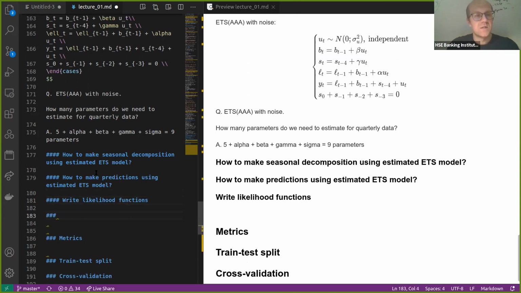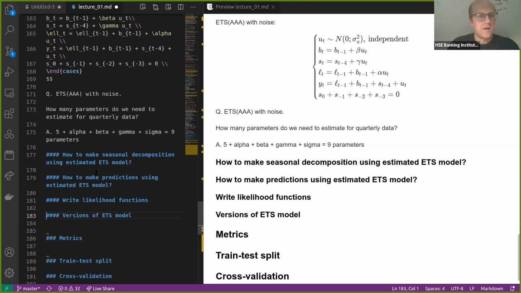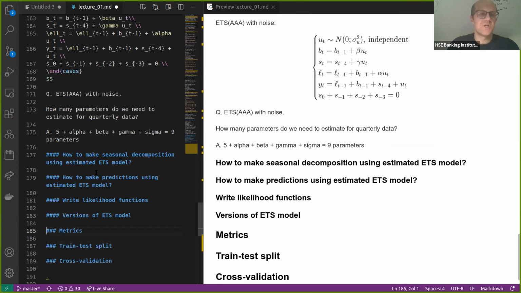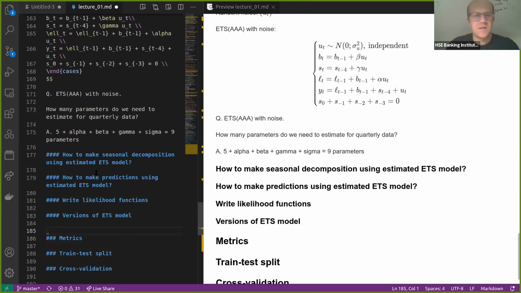We need to discuss versions of the ETS model, and then some general forecasting ideas like metrics, train test split and cross-validation, but I think it's more or less easy. Okay, let's have a break for 10 minutes and continue afterwards. Any questions? Okay, so let's have a break.